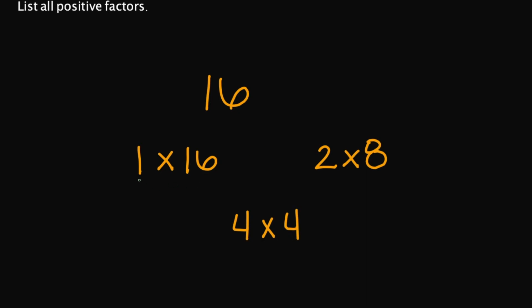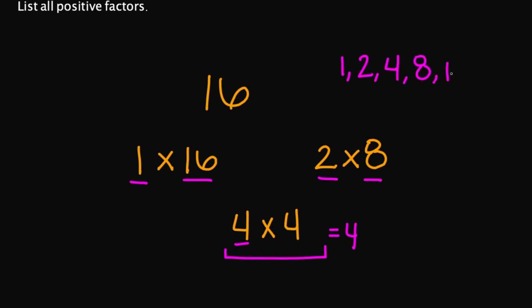So how many factors do we have? When you have two numbers like this, you can just write it one time. So your factors are going to be 1, 2, 4, 8, and 16.